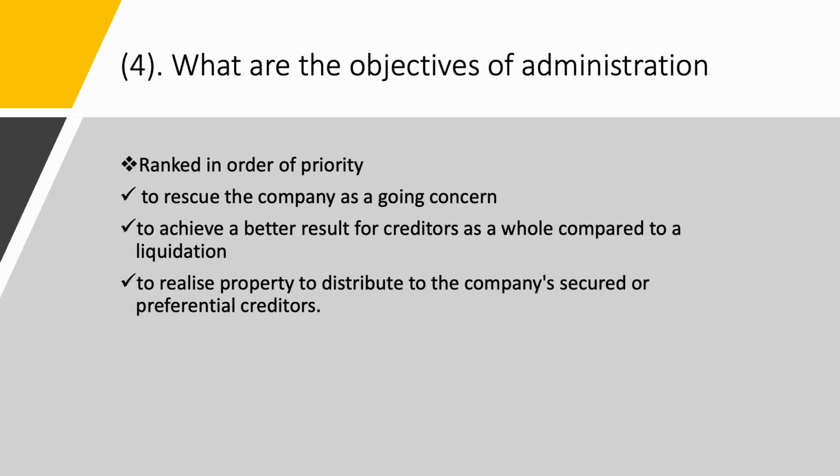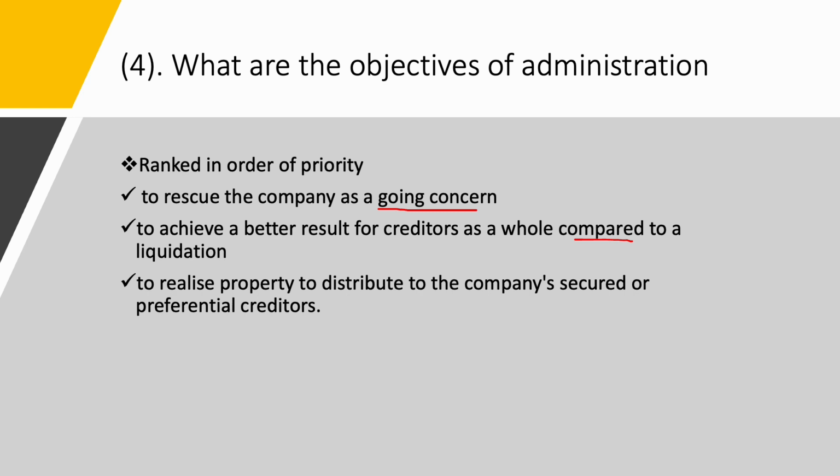The objective of administration is that we are going to rescue a company as a going concern. Like we said, we want to revive this company to continue operating for the foreseeable future. And then, of course, you're trying to achieve a better result for creditors as a whole compared to liquidation. Like I stated, under administration, an administrator can try to put things right.